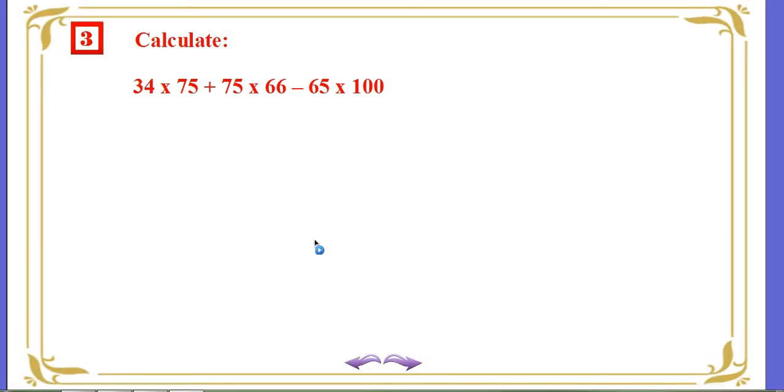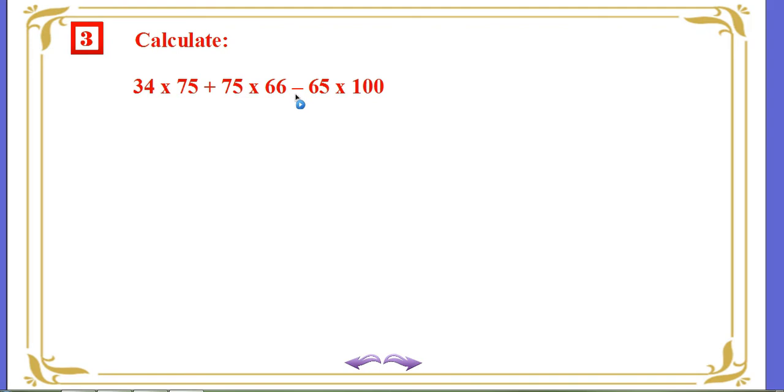Calculate 34 multiplied by 75 plus 75 multiplied by 66 minus 65 multiplied by 100. This is a quick calculation. If you calculate in order, you will calculate the 3 multiplications first and then do the order of operations from left to right, including additions and subtraction.